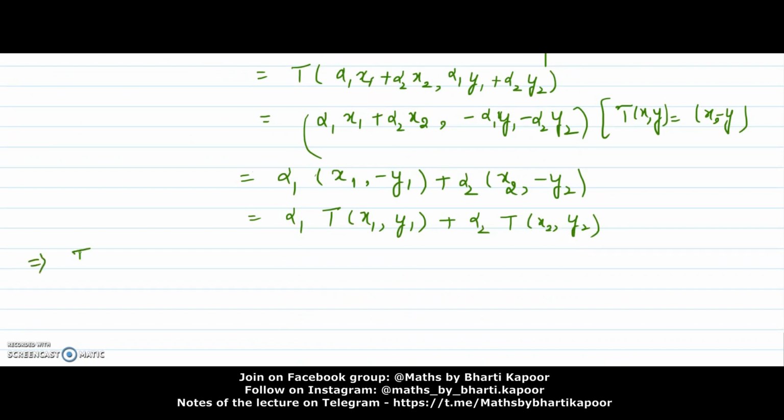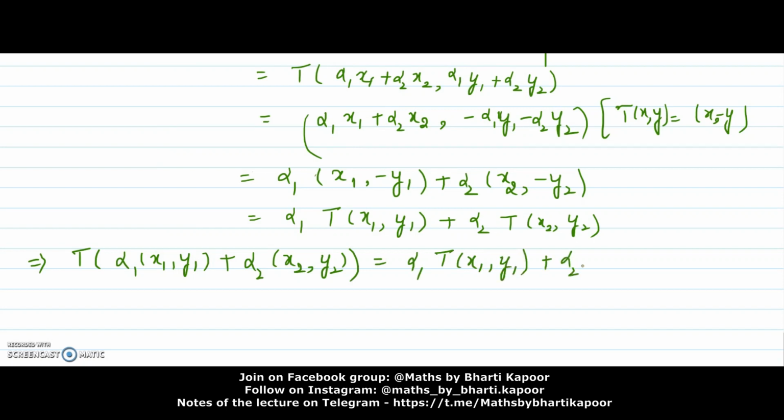So what we have obtained is that T of alpha 1 times the first element of R square plus alpha 2 times the second element of R square is equal to alpha 1 times the image of the first element plus alpha 2 times the image of the second element. This implies T is a linear transformation.